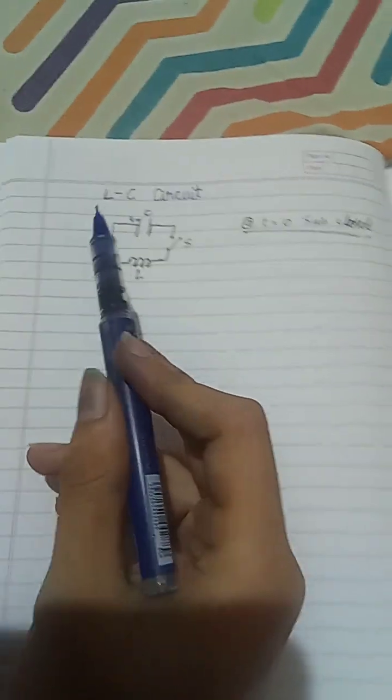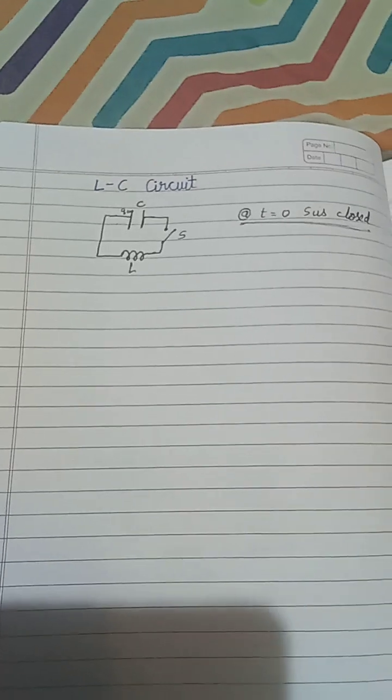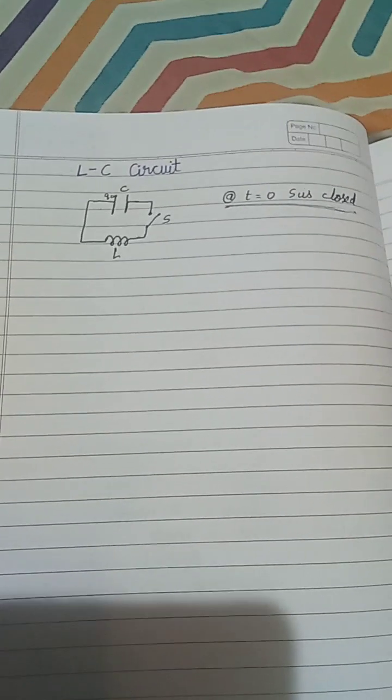Alright, so this is on the LC circuit. The question basically says that at time equal to 0, there is charge Q naught on the capacitor, the switch is open, and just at t equal to 0, it's closed.